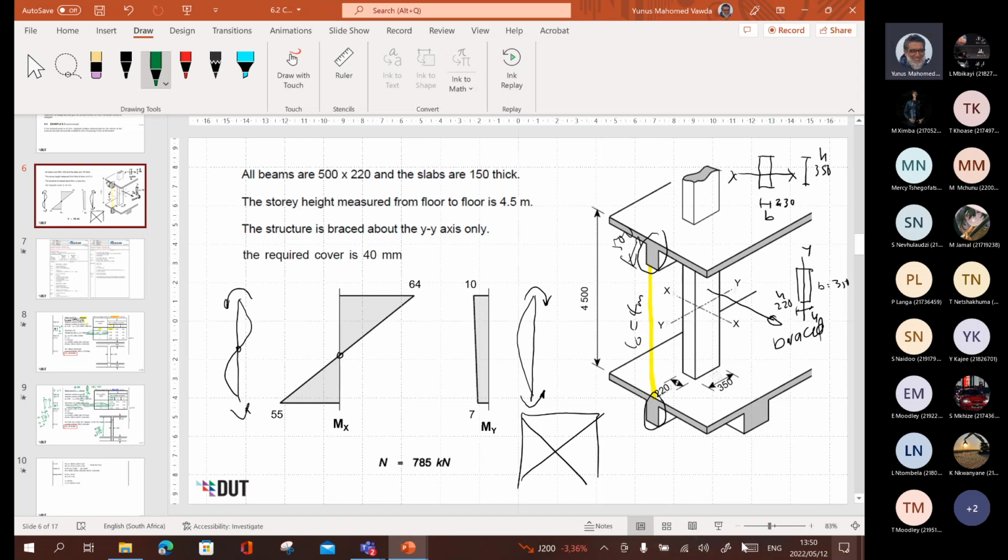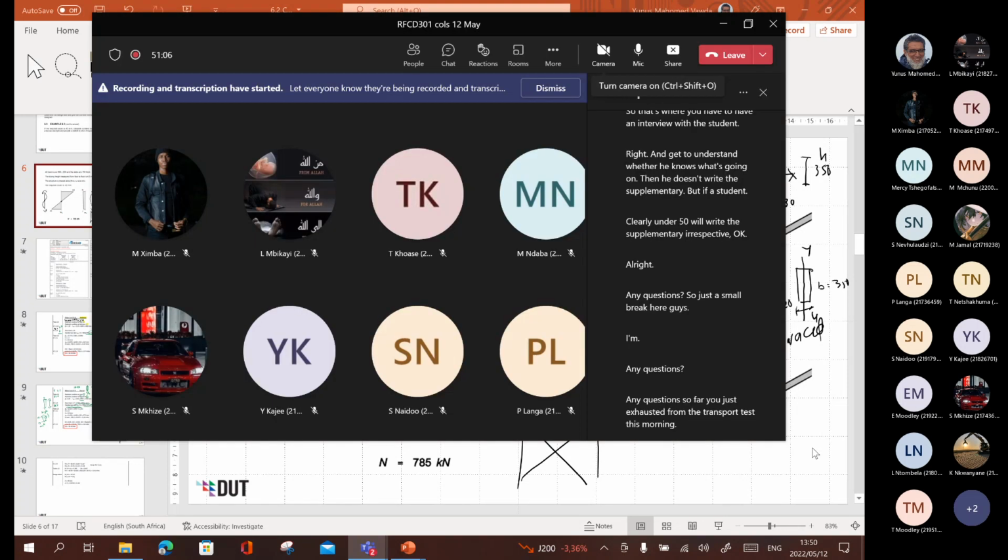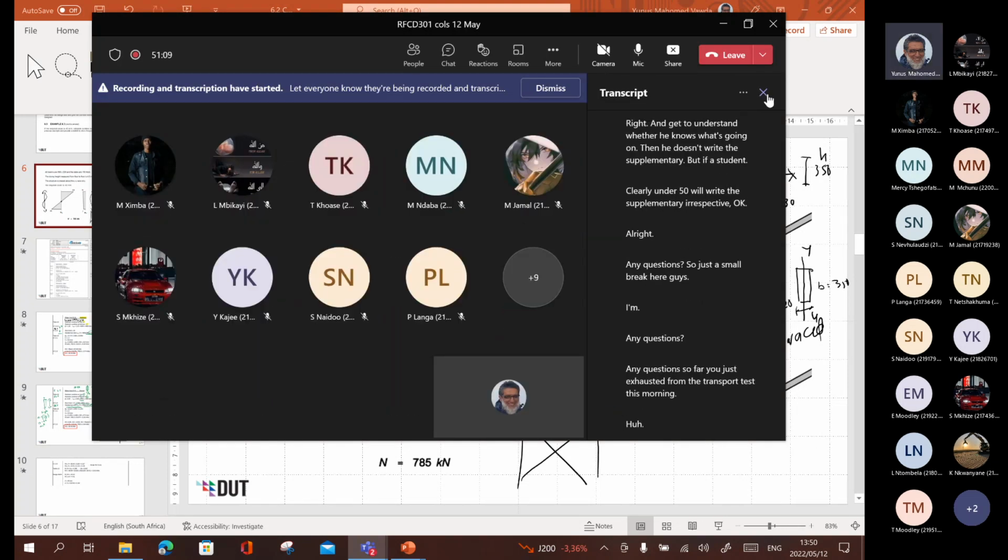All right. Any questions? Just a small break here, guys. Any questions so far? You're just exhausted from the transport test this morning. Oh, very, very quiet. Shame.